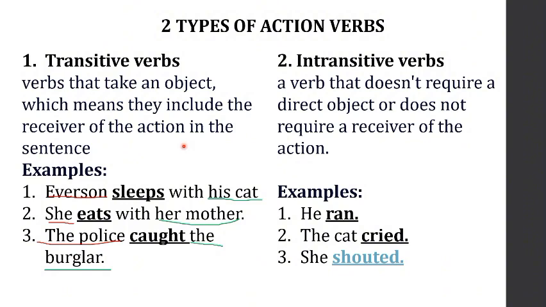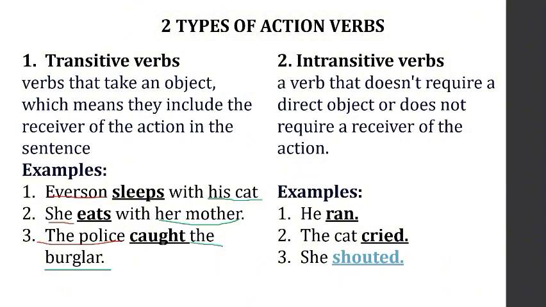From the examples themselves, you can clearly see the difference of sentences that use transitive and intransitive verbs. However, take note that in the intransitive verb, however short the sentences may seem, they are a complete thought, a complete sentence. They deliver a message even by using two words.